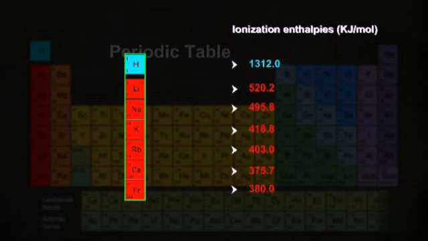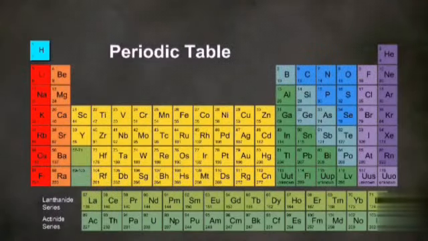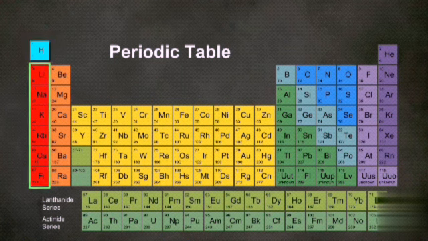Due to these dissimilarities, hydrogen is not placed with the alkali metals in group 1. Let us check other possibility of positioning of hydrogen in the periodic table.